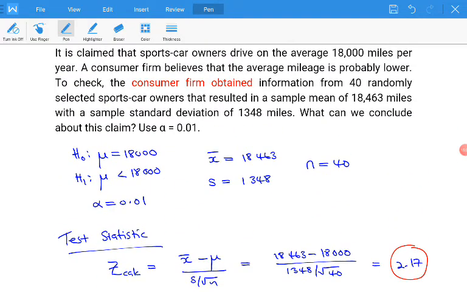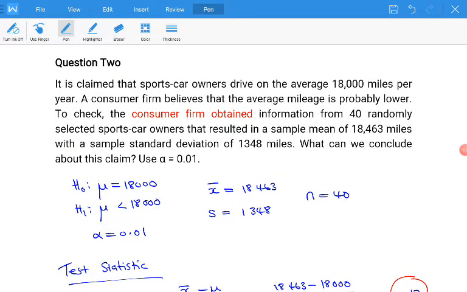So we therefore conclude that on average, sport car owners drive 18,000 miles per year. That's how we deal with that question.